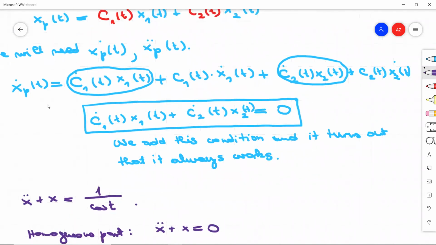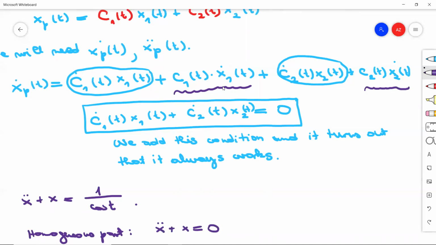And from this first derivative, we added another condition. So in our case, it would be a prime of t cosine t plus b prime of t sine t is equal to 0.